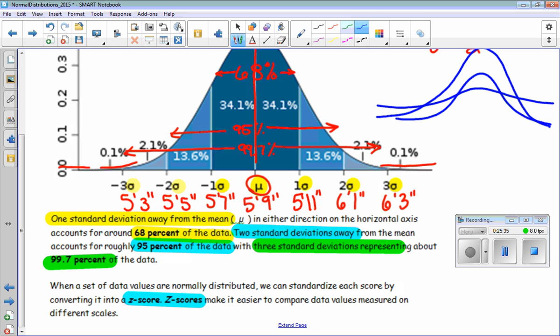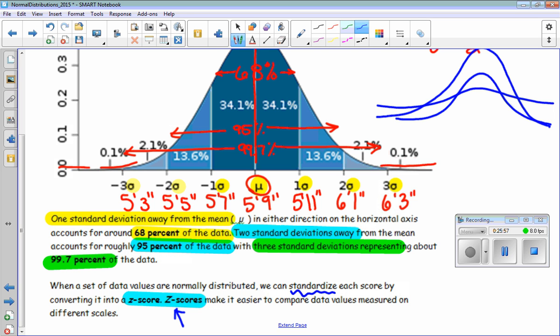But if I want to compare 18-year-old boys at Stonewall Jackson High School to 18-year-old boys at Osborne Park High School, well, we'd have to standardize them. In order to be able to compare things, we standardize. And to standardize, you use something called a z-score. Okay?